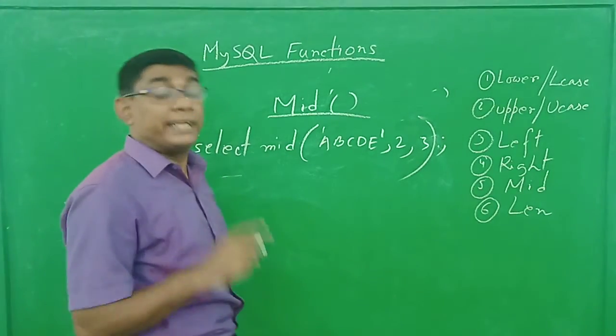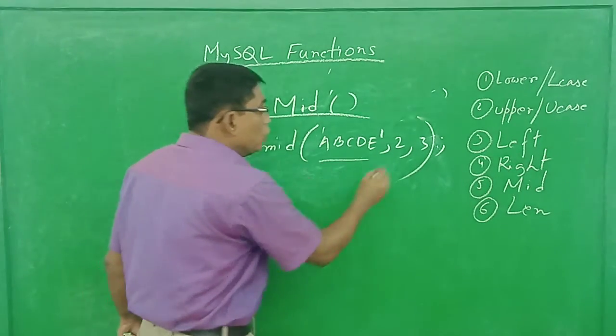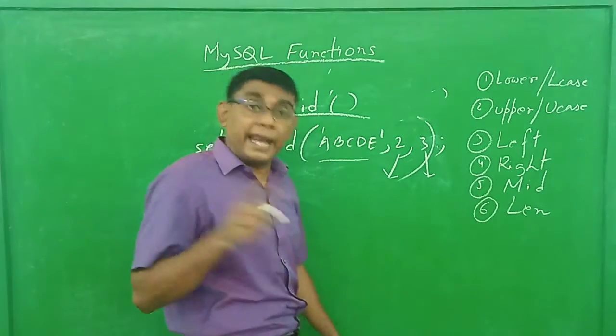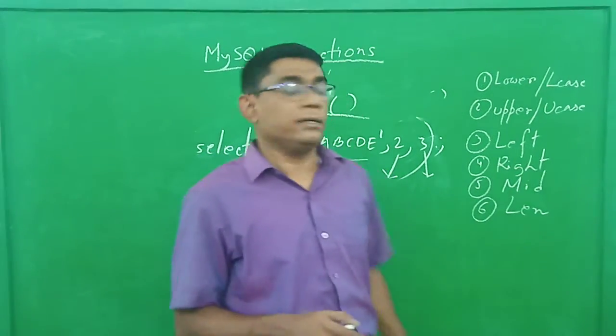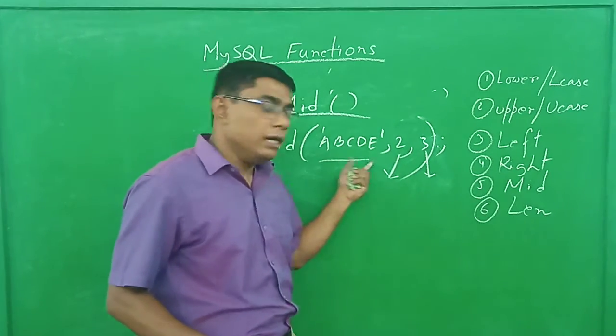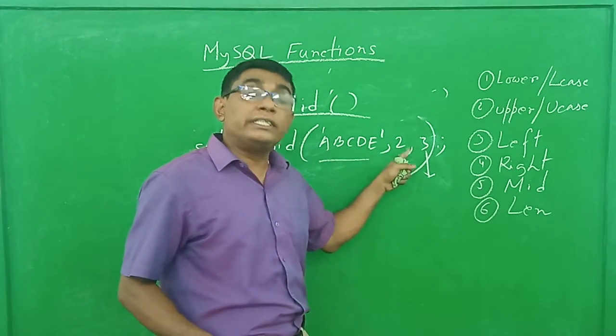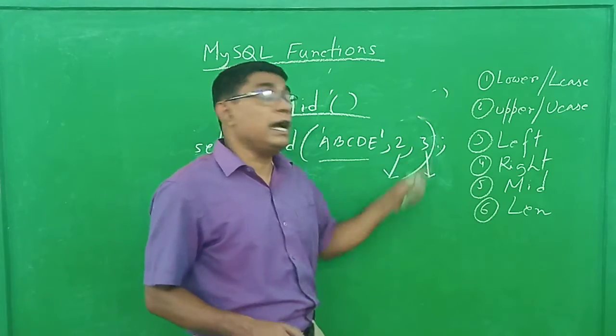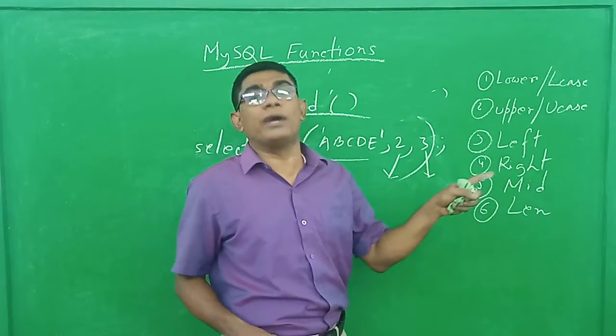Here there are 3 arguments. This is the string, 2 is the position from where we want to extract, and 3 is the number of characters we want to extract.